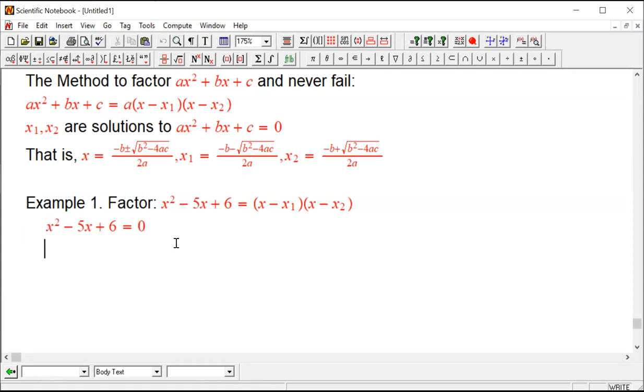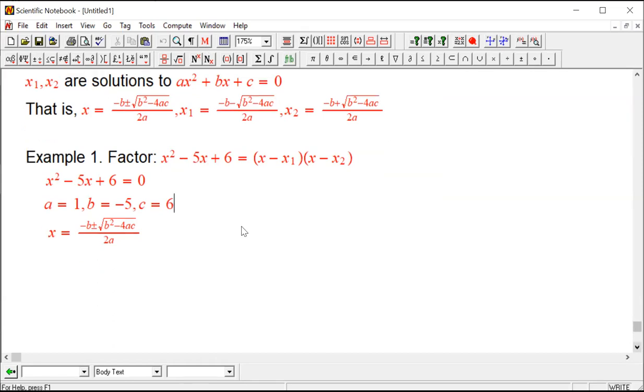Now, the quadratic formula. How do we find the solutions? Well, we can find the discriminant, or you can just plug in. So a is equal to 1, b is equal to -5, c is equal to +6.